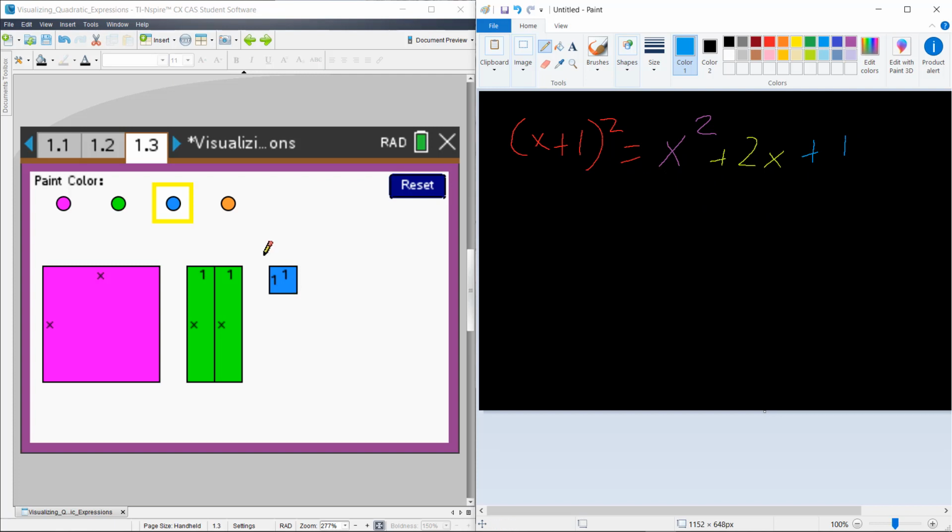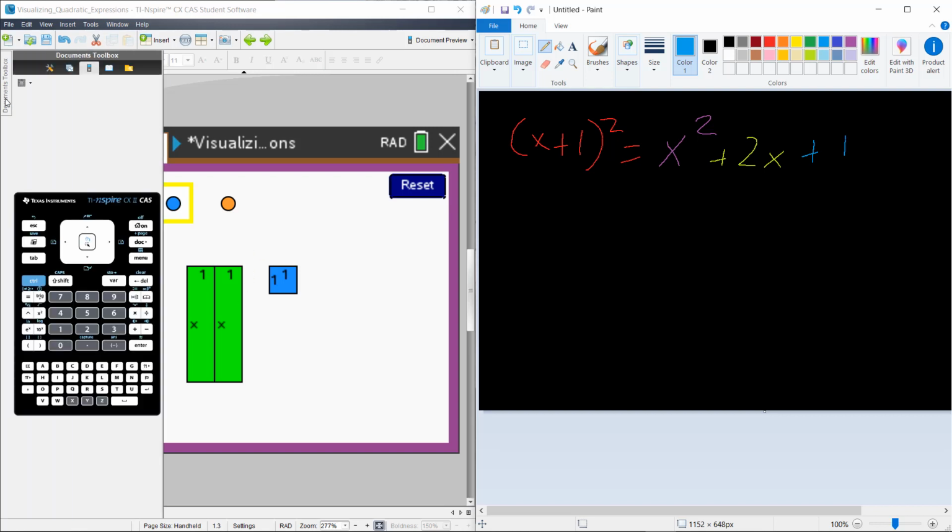Now let's actually insert a page, and we're going to go through the process of verifying this using a calculator page, and then ultimately we'll go to a graphs page as well. So first thing we're going to do is insert a page into this document. I'm using the TI-Nspire student software, and you can insert a page a number of ways.